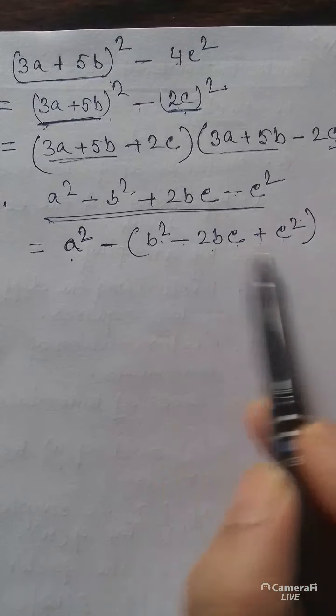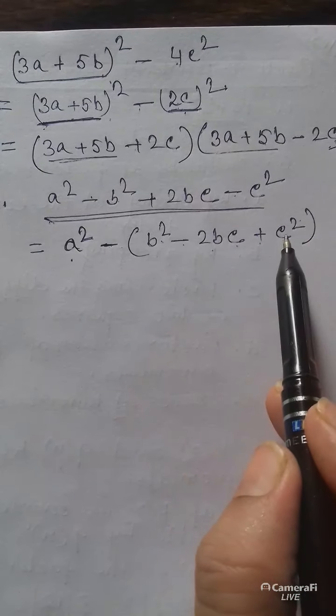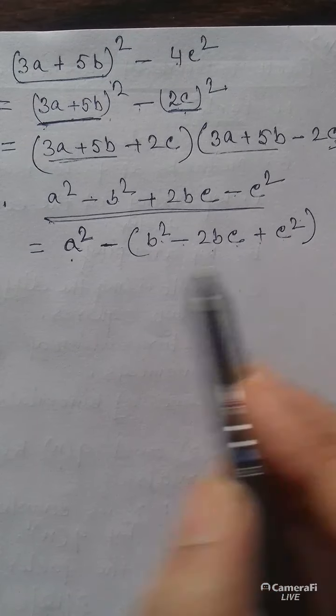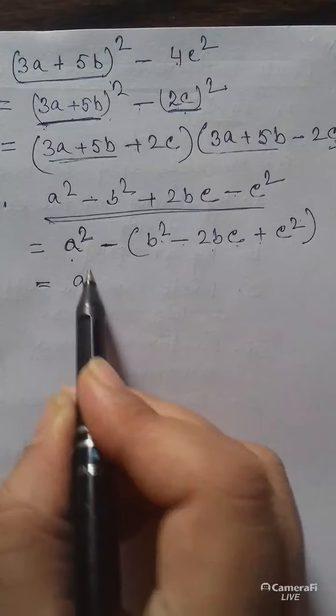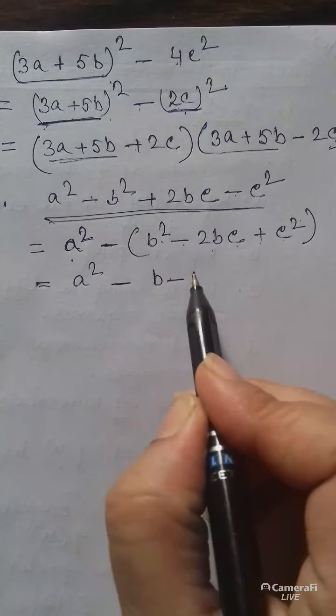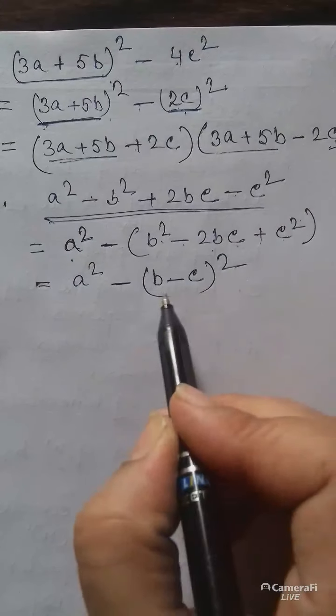And this is one formula: b square minus 2bc plus c square equals b minus c whole square. This is the identity.